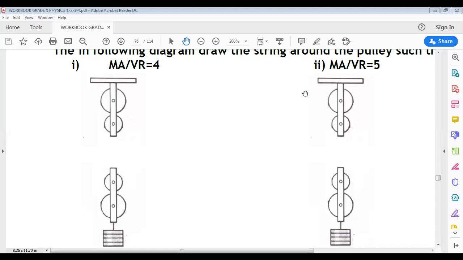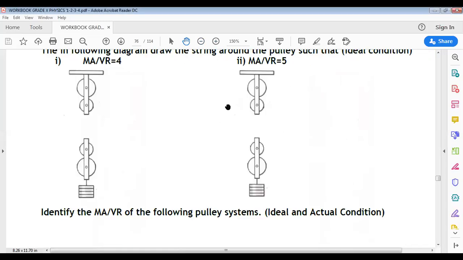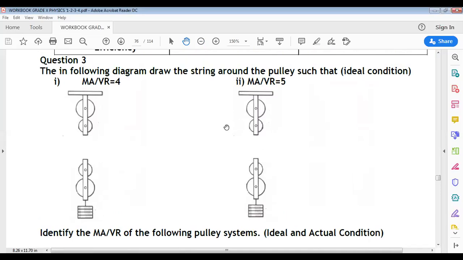Okay, now pay attention. Look at this. This is page number 76 of your workbook. And it asks a very interesting question which we should understand.